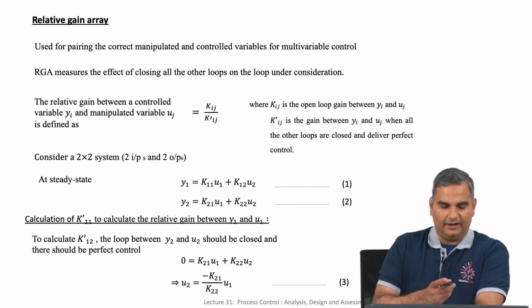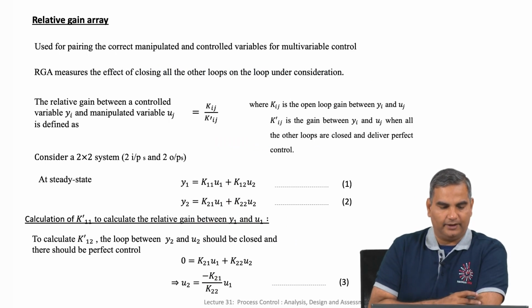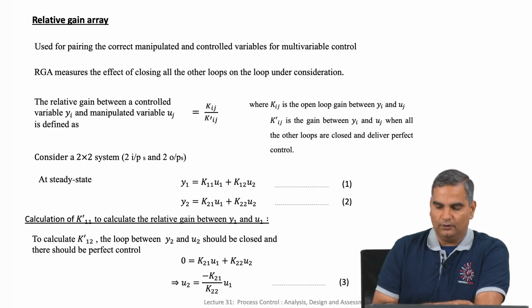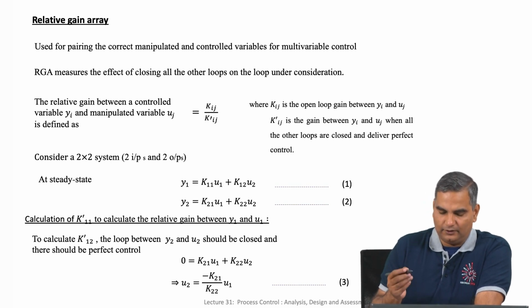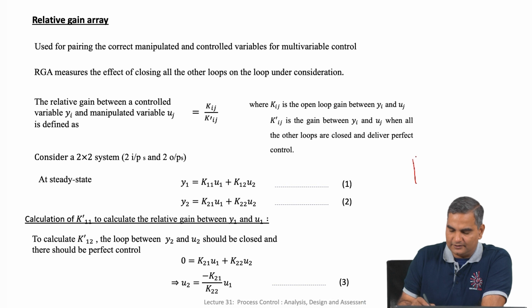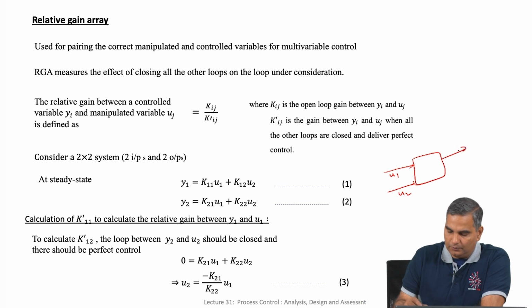So, relative gain array, as we mentioned, is used for pairing the manipulated and controlled variables. So, the basic idea is the following. Let us again start with the 2 by 2 case and then see how this works. Suppose I have 2 inputs and 2 outputs.